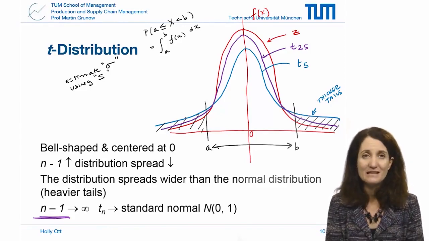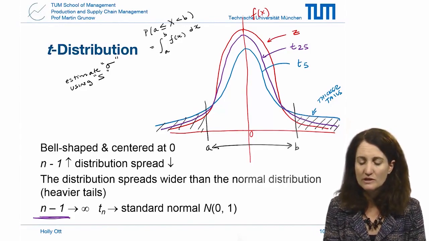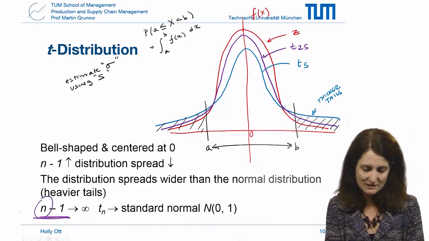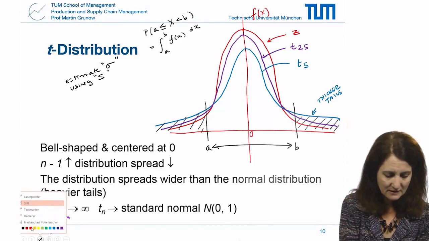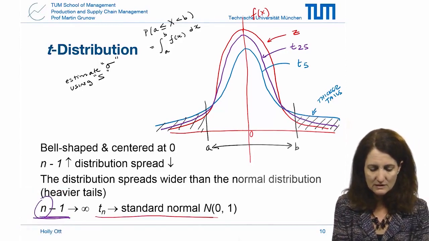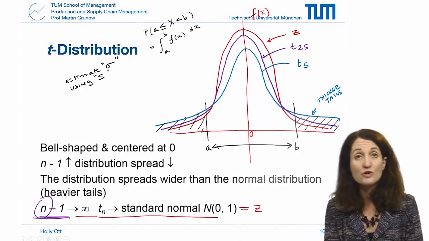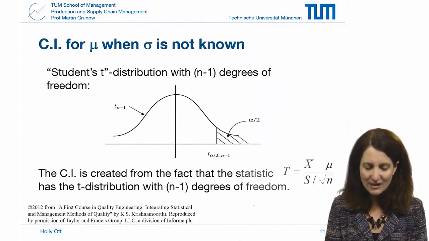You're gaining some precision with your distribution, of course, at the expense of doing more measurements. And so as n gets bigger, you start to approach your z distribution. So let's look at another picture of it. How do we use this?